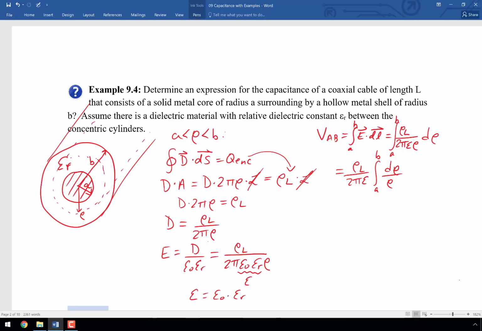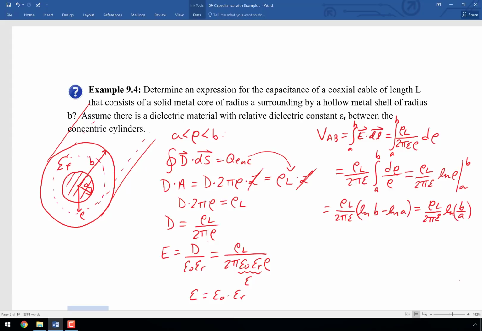And that's one of my favorite integrals. So we get rho sub L over 2 pi epsilon times the natural log of rho evaluated between a and b. This turns out to be rho sub L over 2 pi epsilon times the natural log of b minus the natural log of a, or rho sub L over 2 pi epsilon natural log of b divided by a.